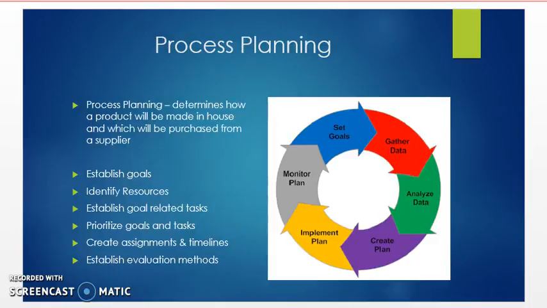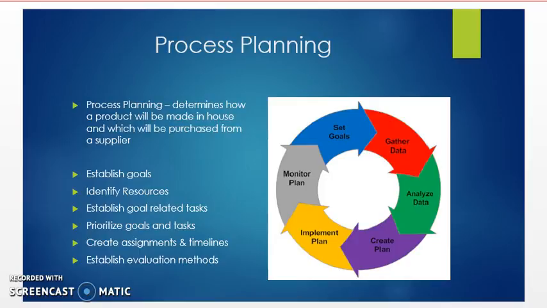Process planning. Well, process planning encompasses the activities and functions to prepare a detailed set of plans and instructions to produce a part. The planning begins with engineering drawings, specifications, parts or material list, and a forecast of demand.